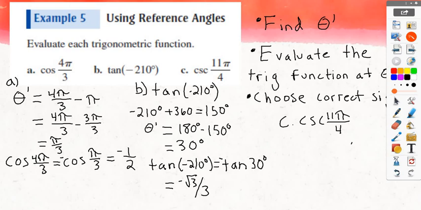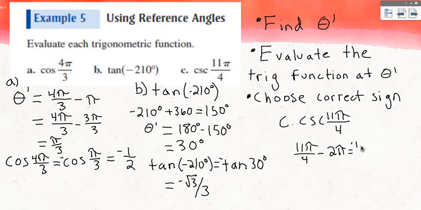So we need to find the coterminal angle that's in our first rotation first. So we would take 11 pi over 4 and subtract 2 pi, which is equivalent to 8 pi over 4. Which notice is 3 pi over 4.